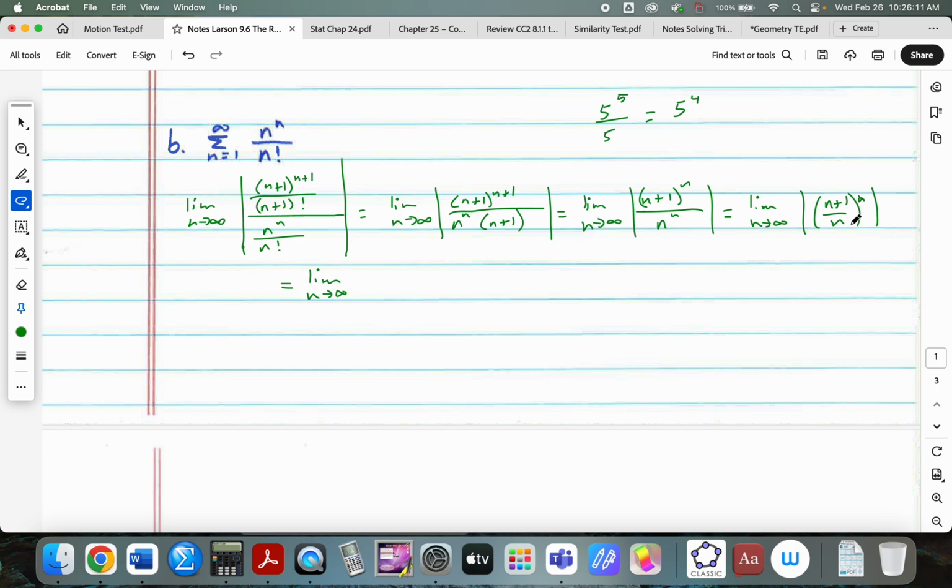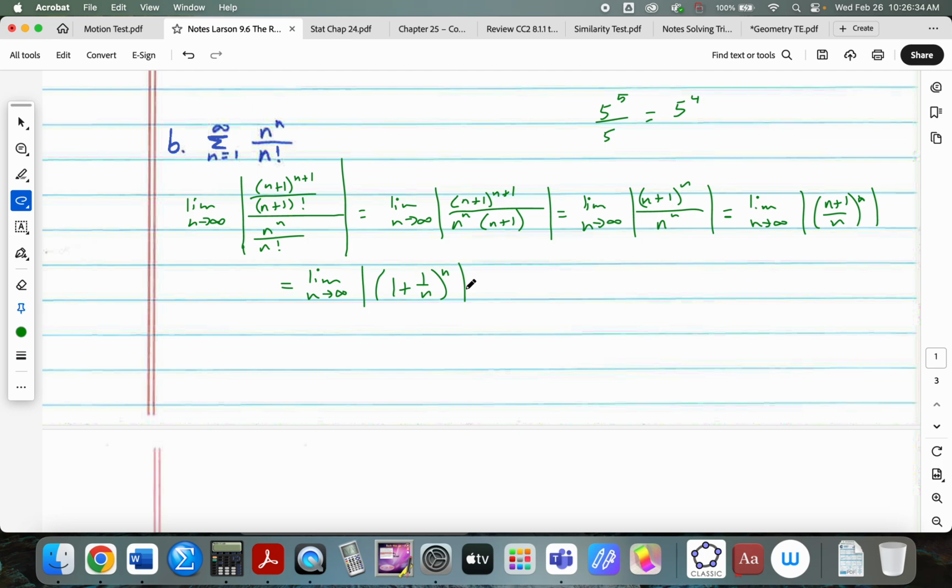And you might not recognize this, but I'm hoping you're going to recognize it when I write it in a different form. 1 plus 1 over n to the nth power. Do you remember us doing that one? We did it as an example. It showed up on a couple of homework problems.